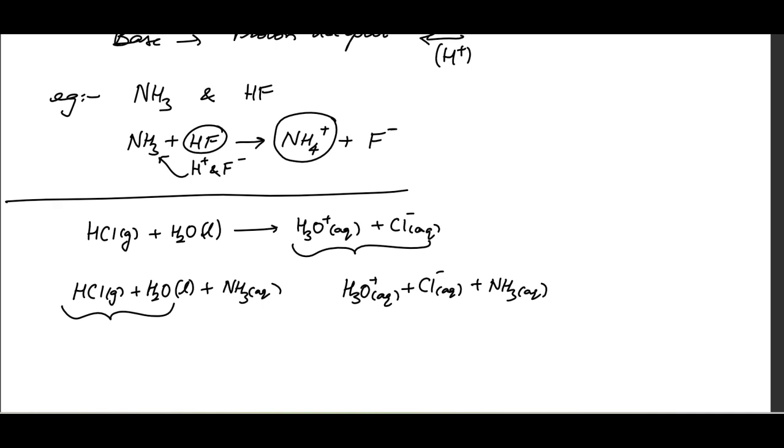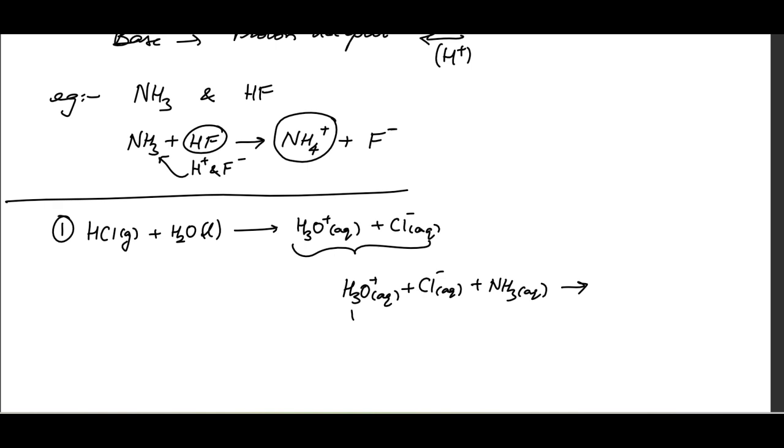We can understand it as HCl reacting with ammonia in aqueous solution. The first step is this, and the second step is the reaction with ammonia. So I will replace this left portion with this, as an intermediate step. What does it give? From H3O plus, one H plus will go to NH3.